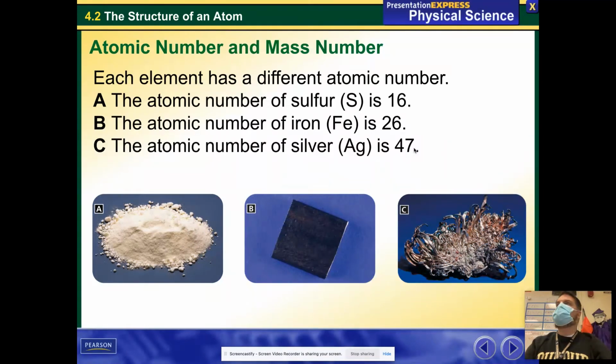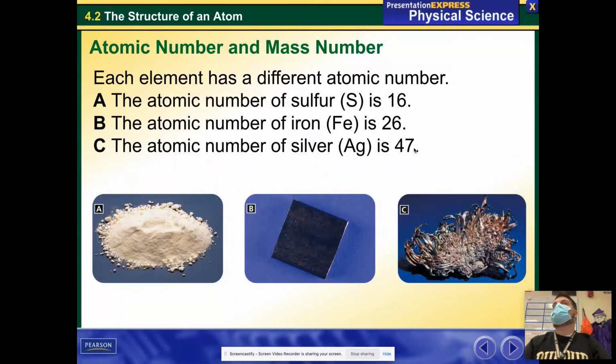So sulfur is 16. Now, if I say the atomic number for sulfur is 16, what does that tell you about the atom? What is the atomic number equal to? The number of protons. So when you see that its atomic number is 16, we know that it has 16 protons in the nucleus.